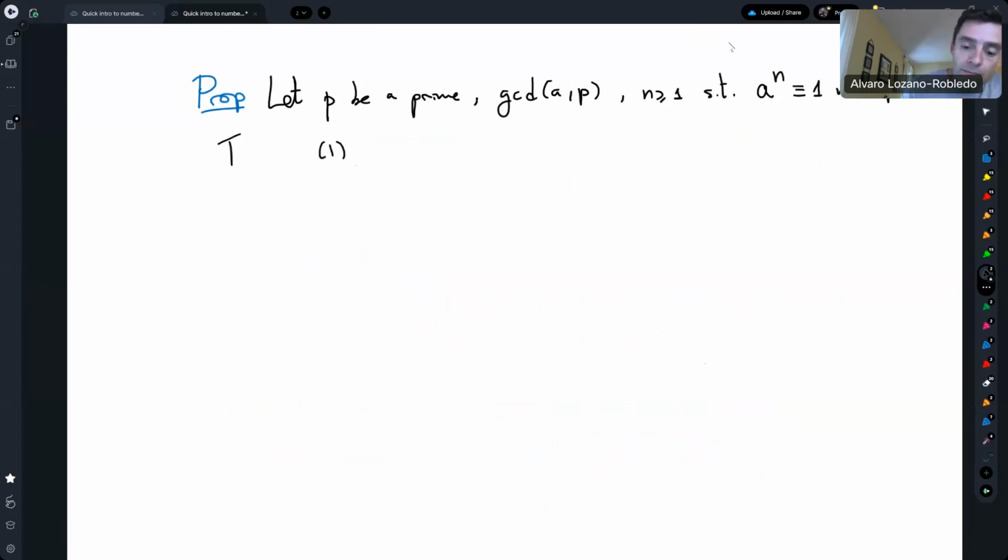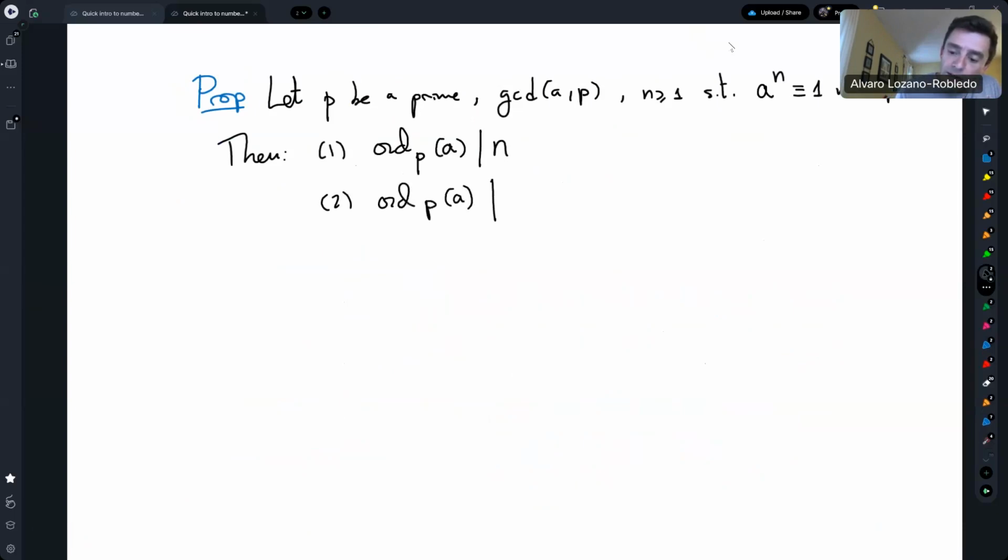Then two things happen. First of all, the order of my number, whatever is the first time it happens, is actually a divisor of n. So if the order was 5, then the other exponents that give me 1 will be multiples of 5.